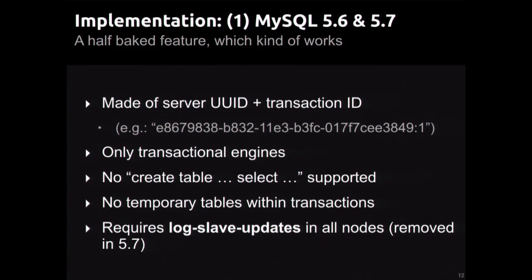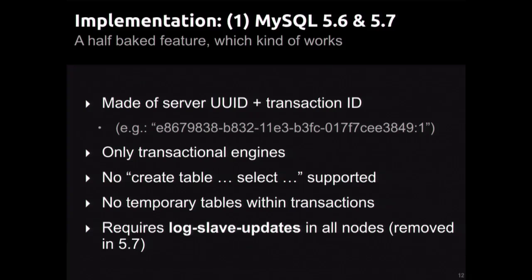So how is it implemented? In MySQL 5.6 and 5.7, this is made with the server UUID, so a long string, and then the number of the transaction itself. There are a few restrictions. It only works with transactional engines.